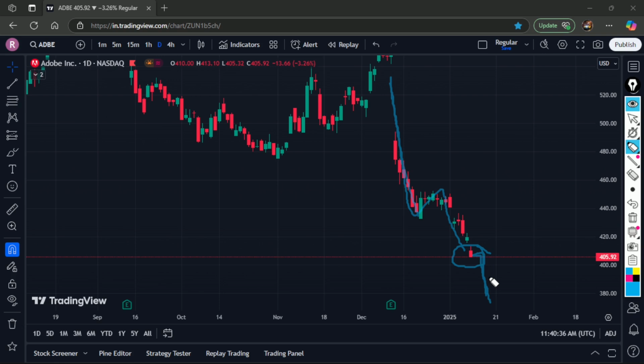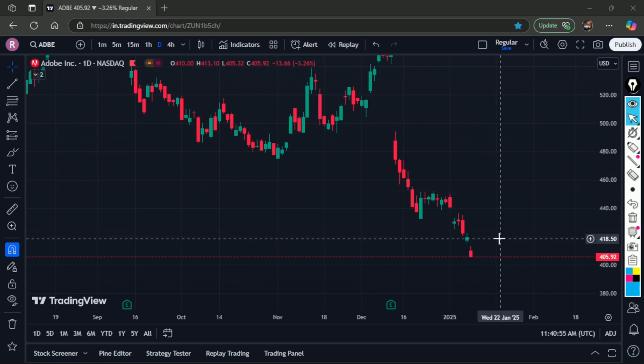So at any point buying can come here. Here is a round level near about 400. So near this round level it can act as a defensive zone, and buying side momentum can come near about this level. But we'll just see how it's going to work or not.